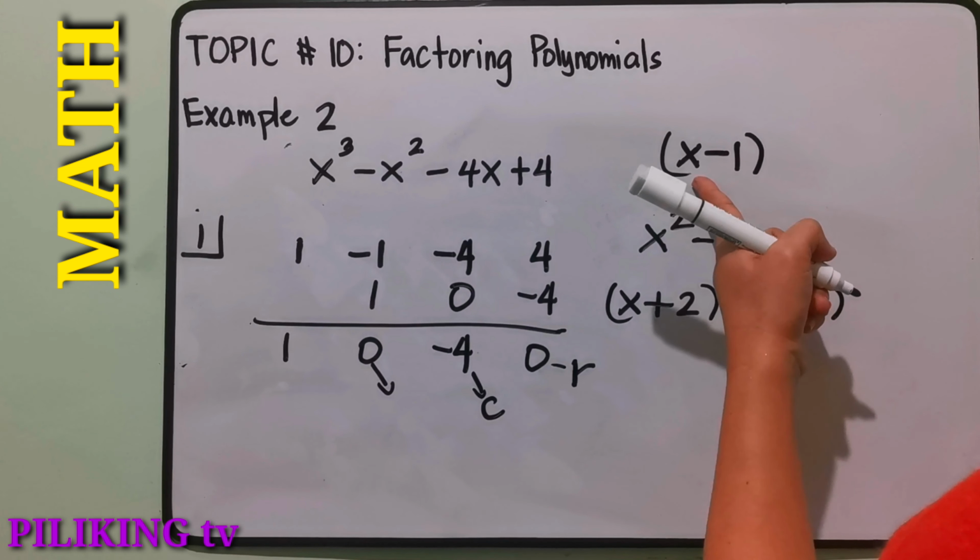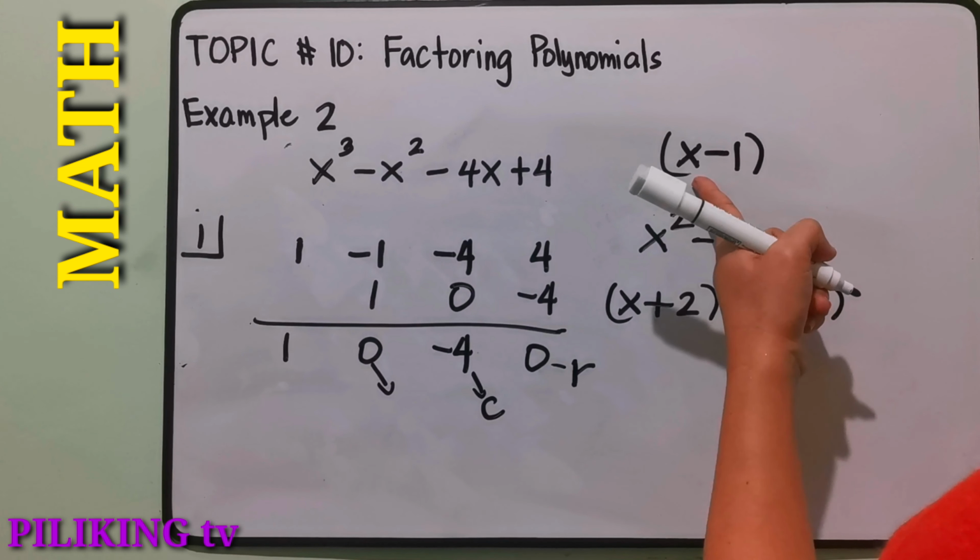Since our constant is 6, what are the factors? We can use 1, 2, 3, or 6. You can also try the negatives. Okay, so let us try 3 as one of the test zeros.